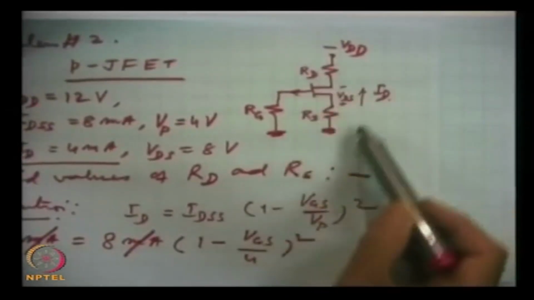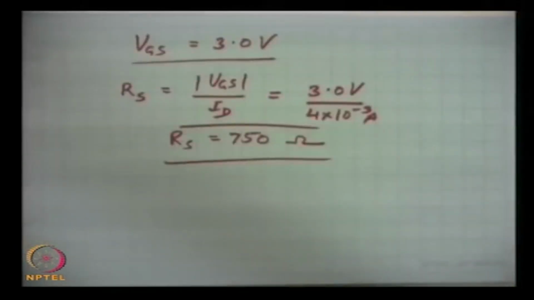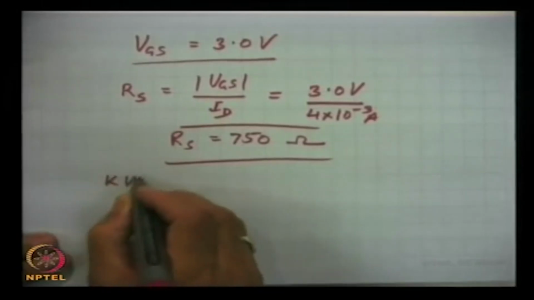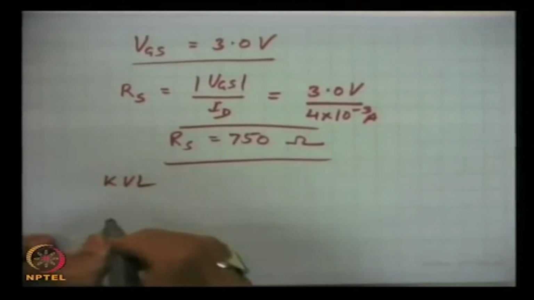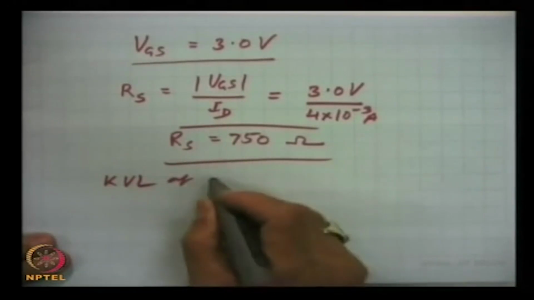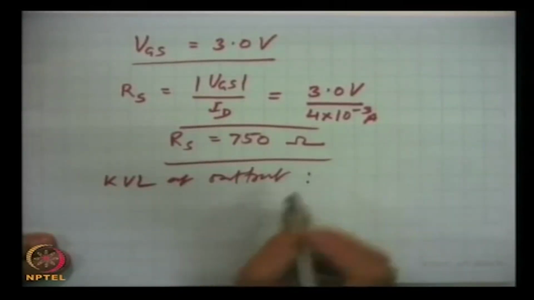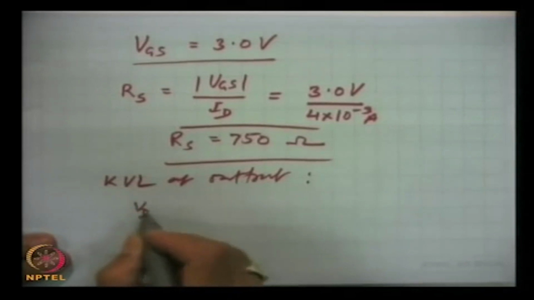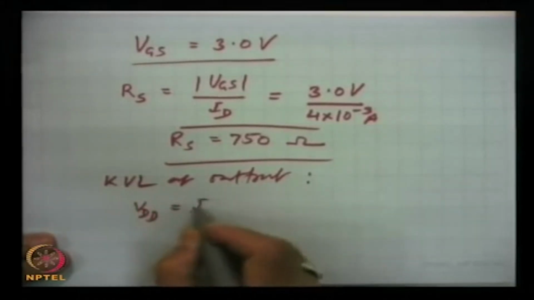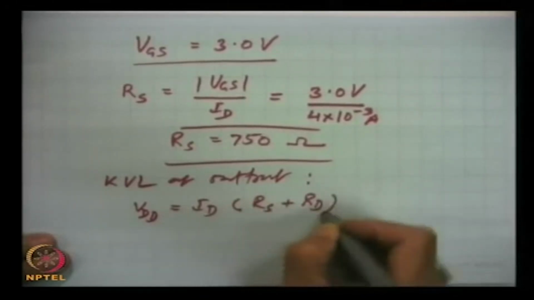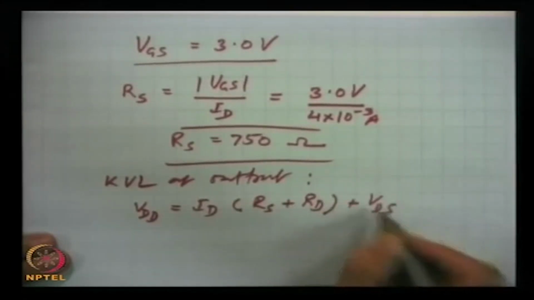Applying KVL, Kirchhoff's voltage law, at the output, we get VDD equal to ID into RS plus RD, plus VDS.